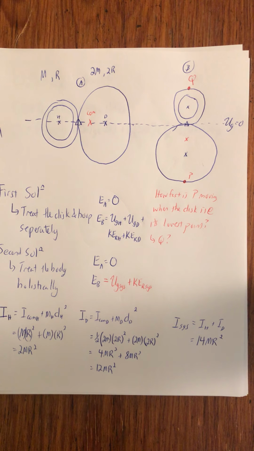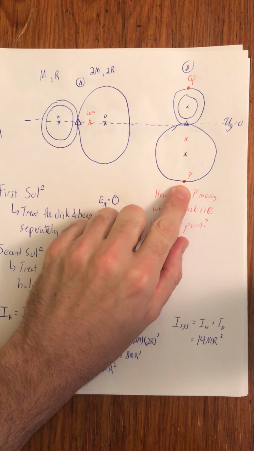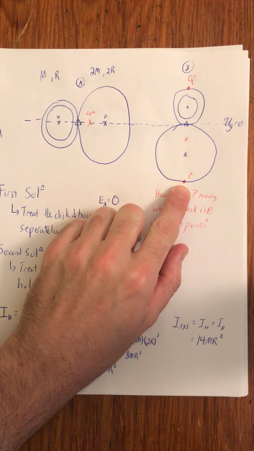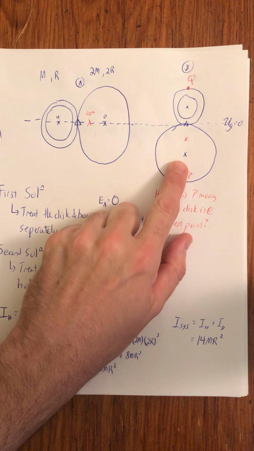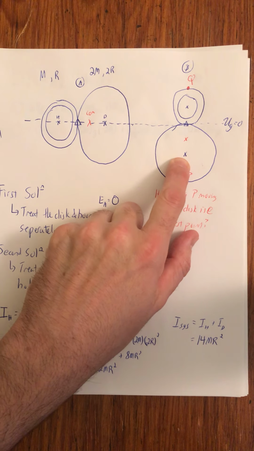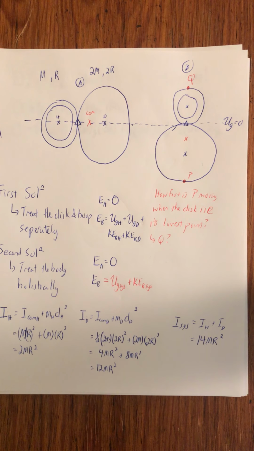Technically, there was an integral behind that. We just didn't show that. You couldn't do mgy for this because not all the mass of the disk is located at point P. But we said the center of mass of an object is where we can pretend all the mass is located for purposes of translational motion and in terms of energy. That's how I've been getting away with it.